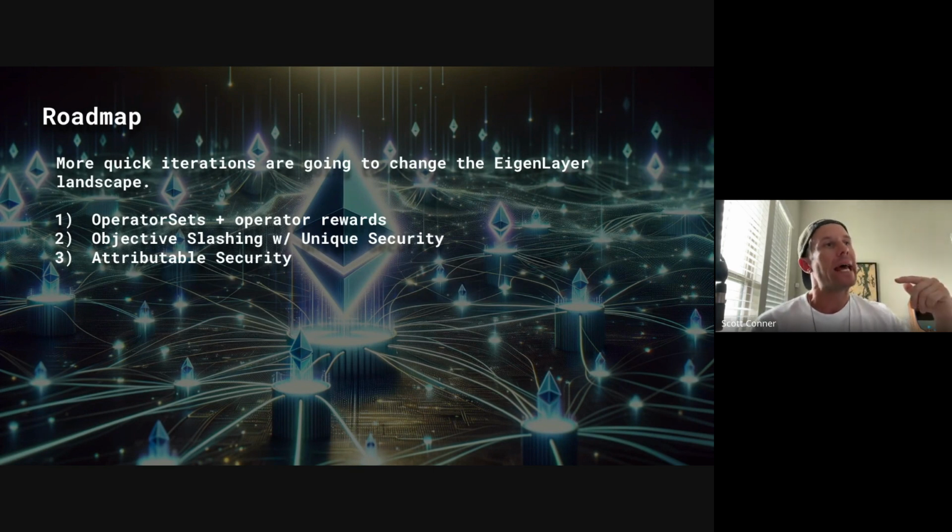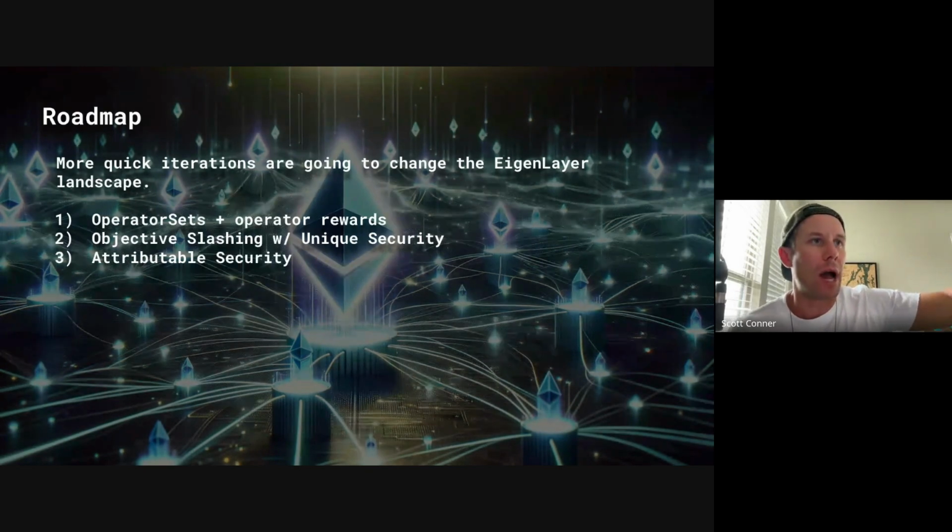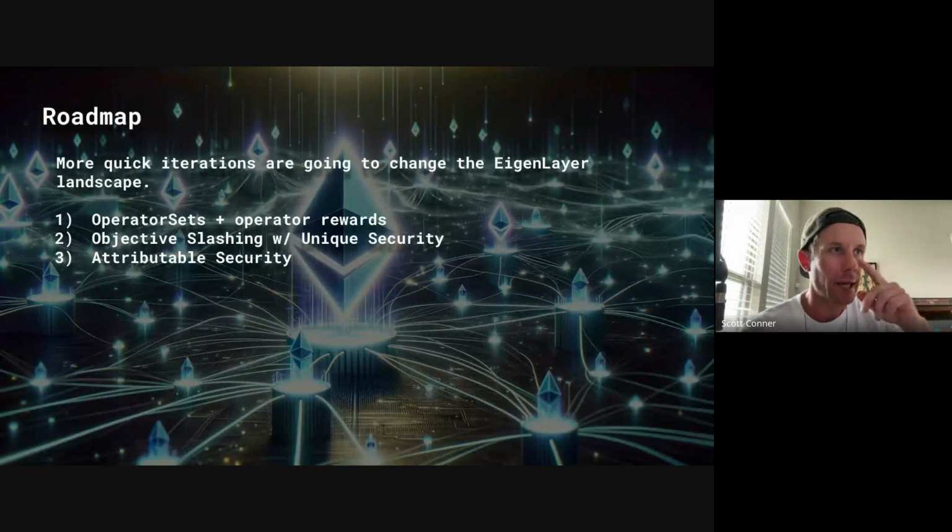So instead of fully ejecting an operator and then having to have them come back, you can just say, not now. And then, okay, I need your compute again, or I need your stake again. So AVSs can control this once the operator has opted into it and set their standby mode. So there actually is a protocol guarantee that AVSs can fully manage who's getting paid and who's available for slashing.